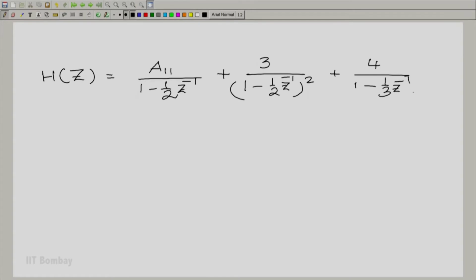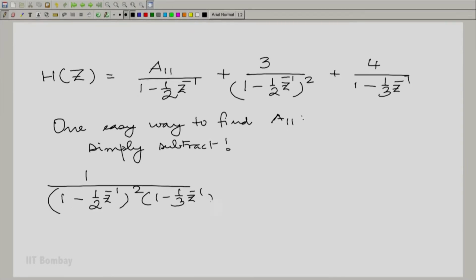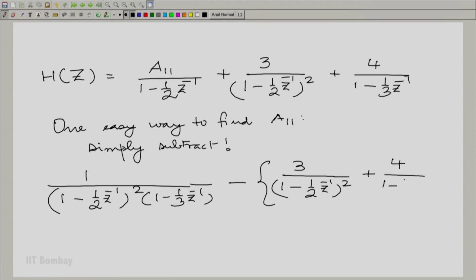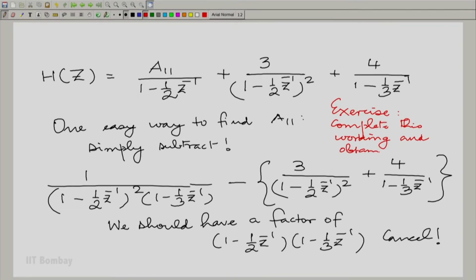Now, one easy way to find A11 here is to simply subtract. So, you can do a subtraction: 1 by (1 minus half Z inverse) squared into (1 minus 1/3 Z inverse) minus these terms. The exercise which I am going to give you is to complete this working.